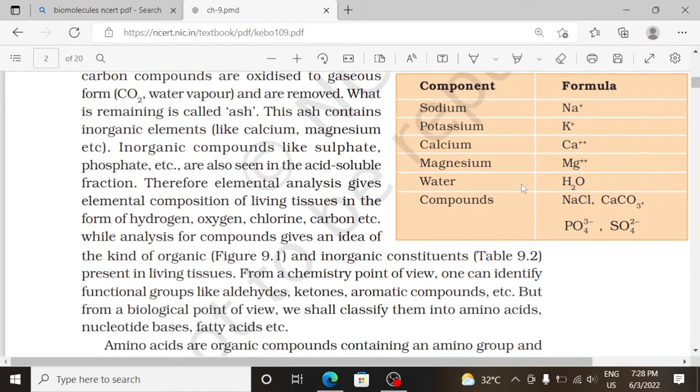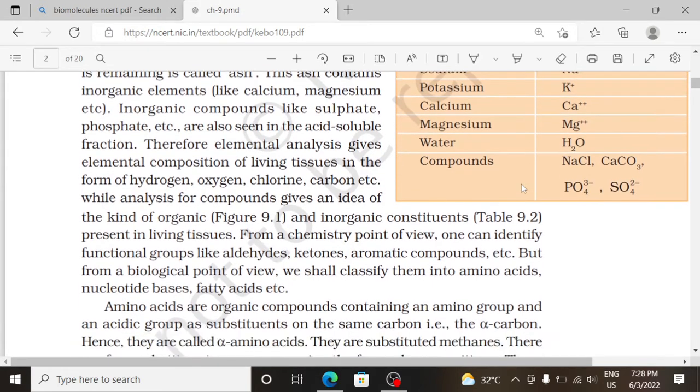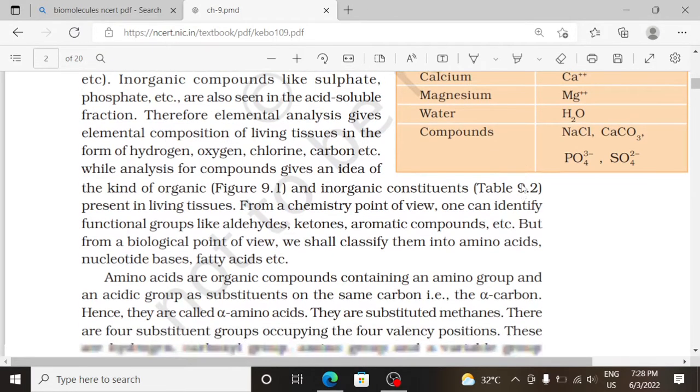What is remaining is called ash. The ash contains inorganic elements like calcium, magnesium, etc. Inorganic compounds like sulfate, phosphate, etc. are also seen in the acid soluble fraction. Therefore, elemental analysis gives elemental composition of living tissues in the form of hydrogen, oxygen, chlorine, carbon, etc., while analysis for compounds gives an idea of the kind of organic and inorganic constituents present in living tissues.